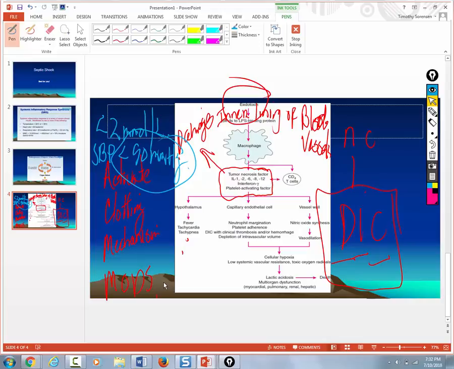If that don't work, what ultimately causes the shock? Arterial vasodilation. So you want to give them some vasopressors. So you're going to give them dopamine, right? Or Levophed to constrict the arteries to keep their blood pressure up.